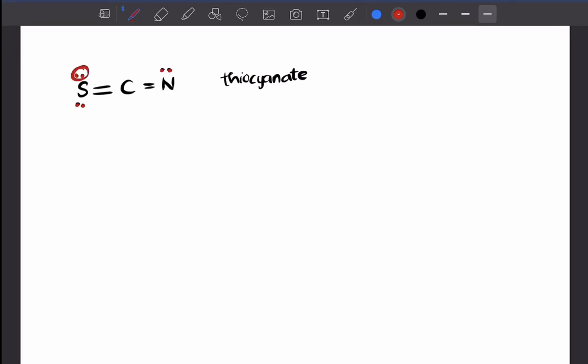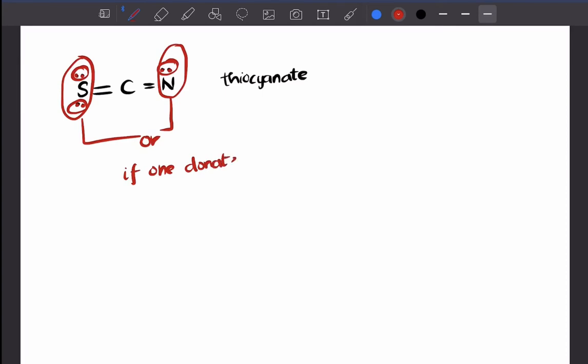One is sulfur with two lone pairs and nitrogen with one lone pair. Now either sulfur will donate or nitrogen will donate. Remember that it is either or, which means that if one donates, the other does not donate.